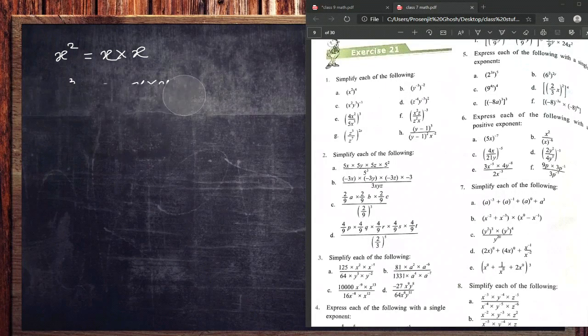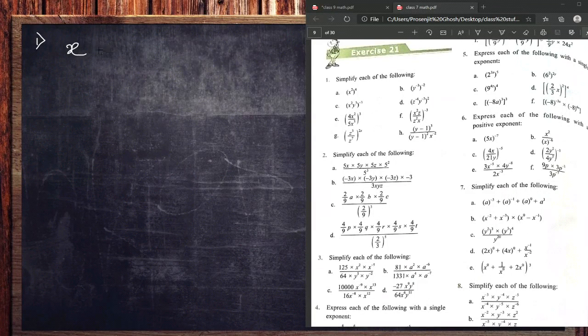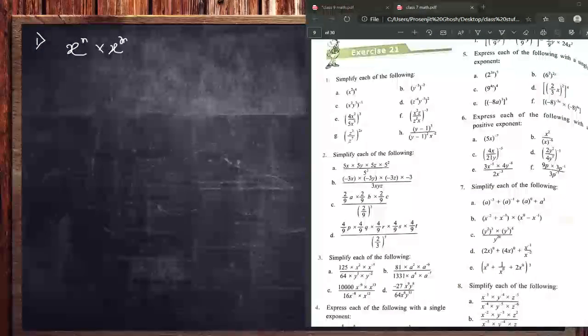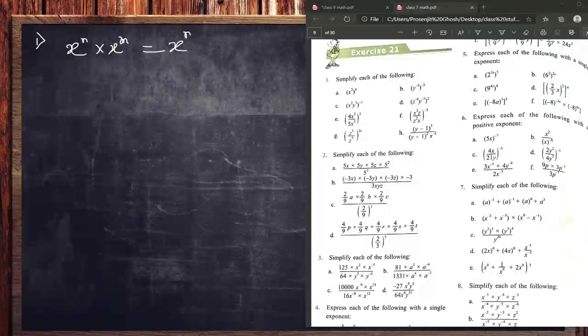Okay. Right now, there are some very important formulas behind it. Please note all these formulas first. After that, we will do all this work. Number one formula: x to the power n multiplied by x to the power m, then we can write x to the power n plus m.